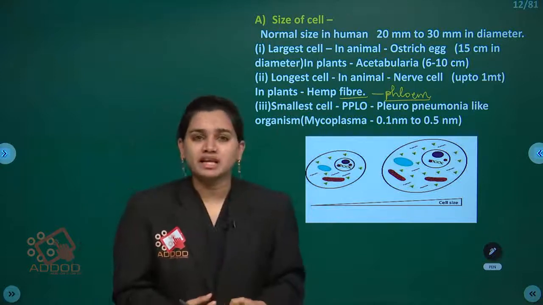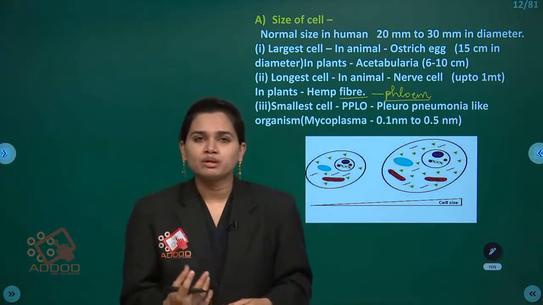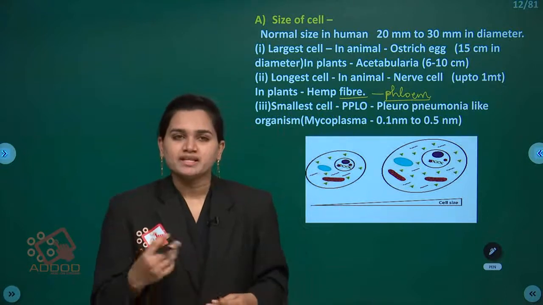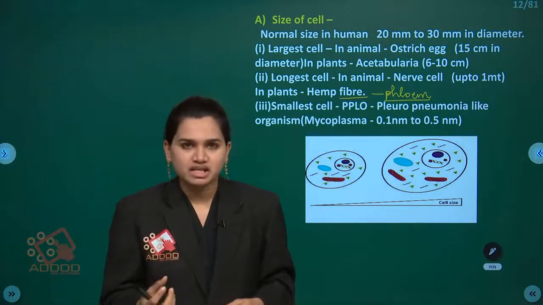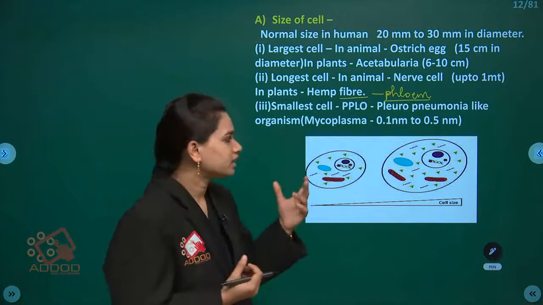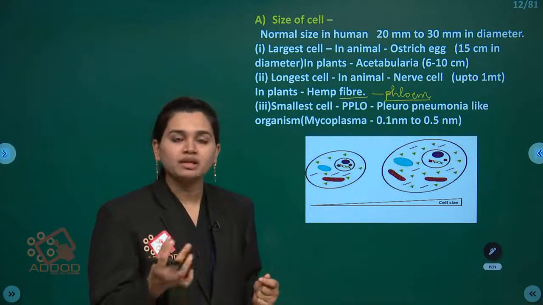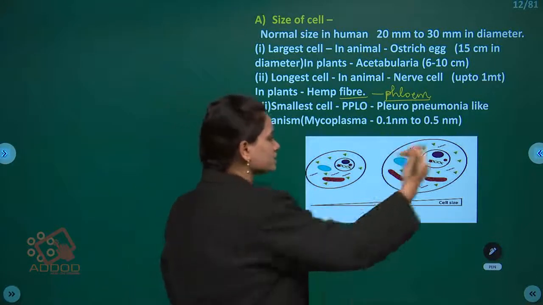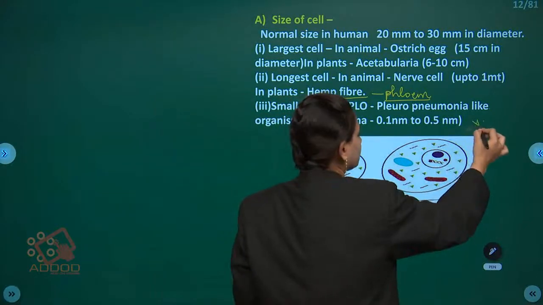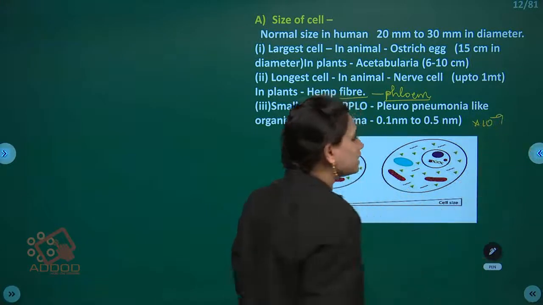The smallest cell is PPLO, that is pleuropneumonia like organisms. Example of that is mycoplasma. Now the cell size of mycoplasma is in nanometers. Nanometer is 10 to the power of minus 9.